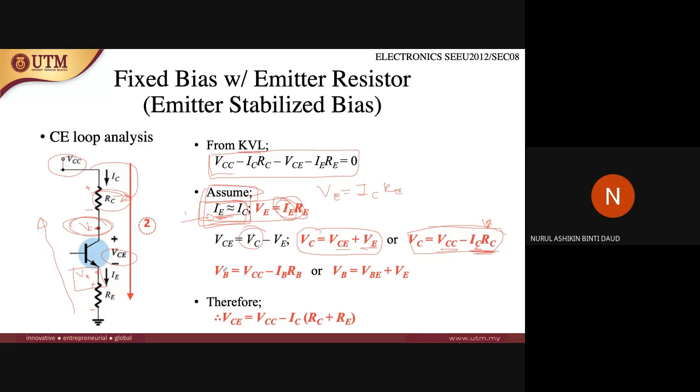To find VB, the voltage at B here, it is VCC minus the potential drop at the resistor RB, from the BE loop, with the emitter here. So you will get the value for VB. Or let's say there is no information for VCC here, but we have information for BE here.